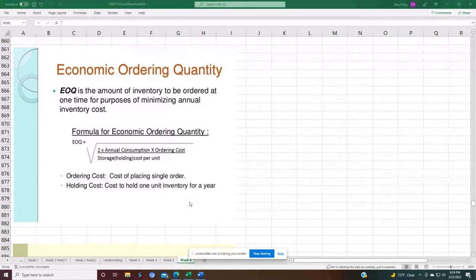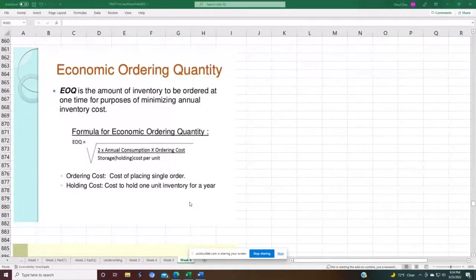The economic order quantity is equal to the square root of 2 times the annual demand or annual consumption times the ordering cost per order, all of that divided by the carrying cost or the warehousing cost per unit.